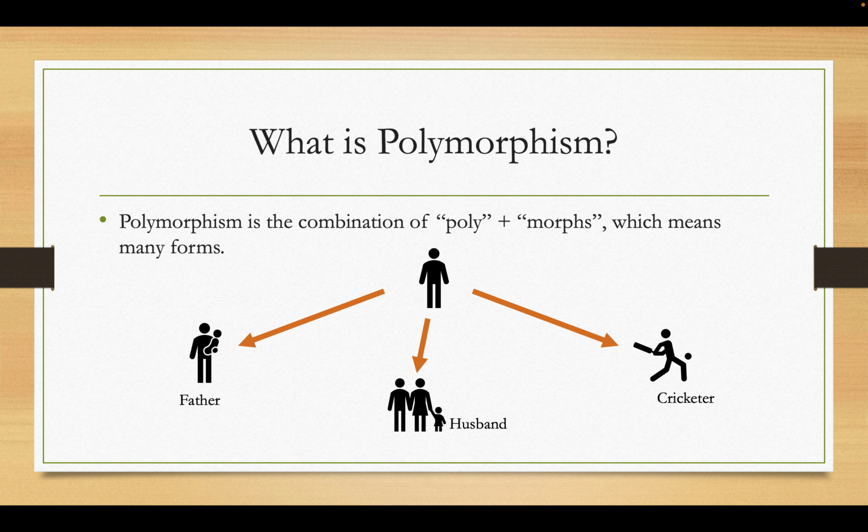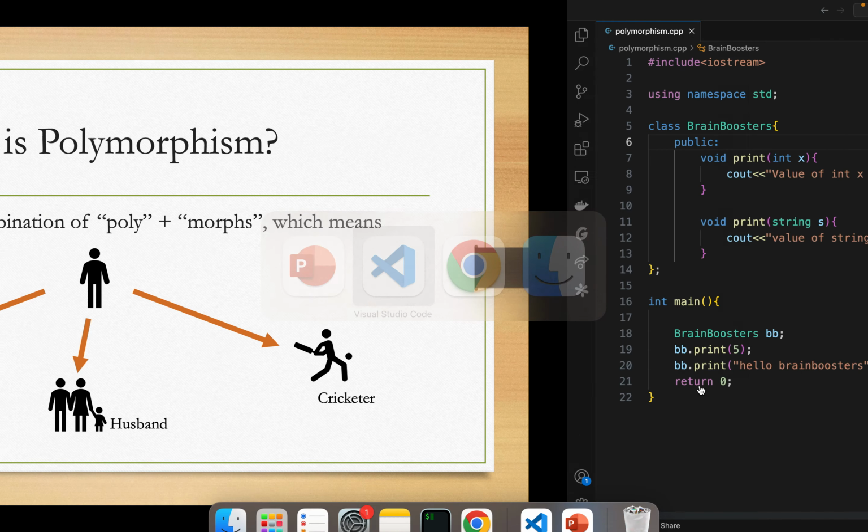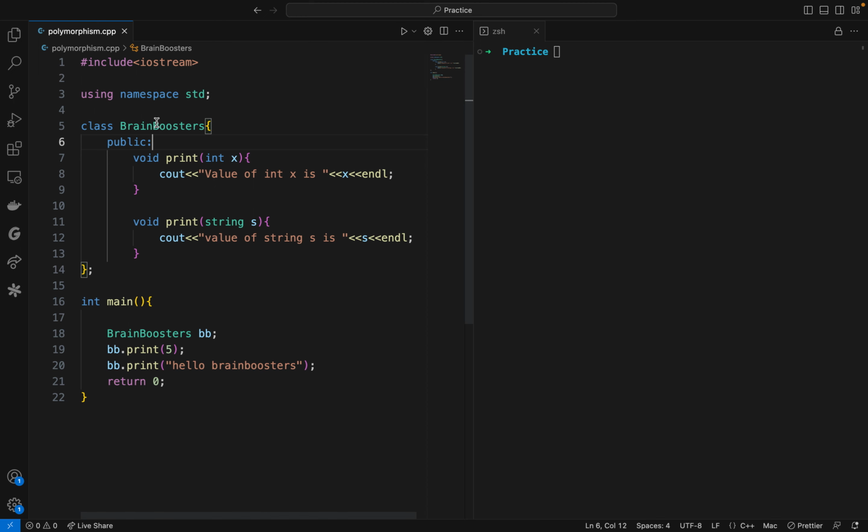Now let's take an example of a C++ program and try to understand what polymorphism is in C++. I have written a program here. There is a class BrainBooster, which has two functions defined. The first function is print, and the other function is also print, but the first function takes an argument as an integer and the second function takes an argument as a string.